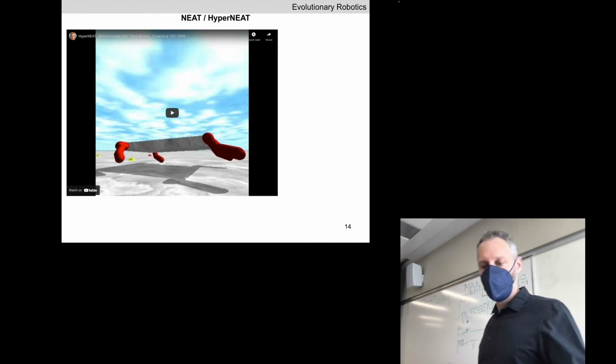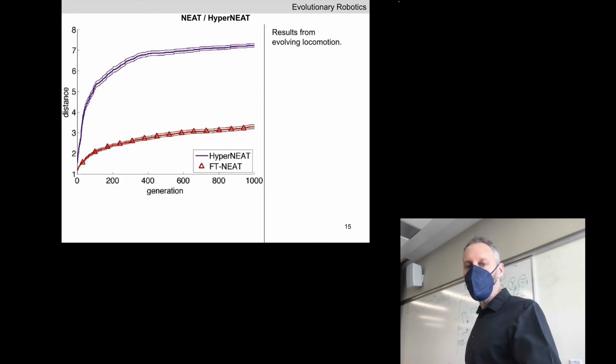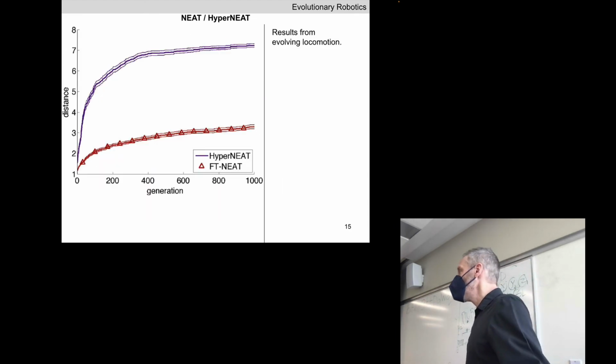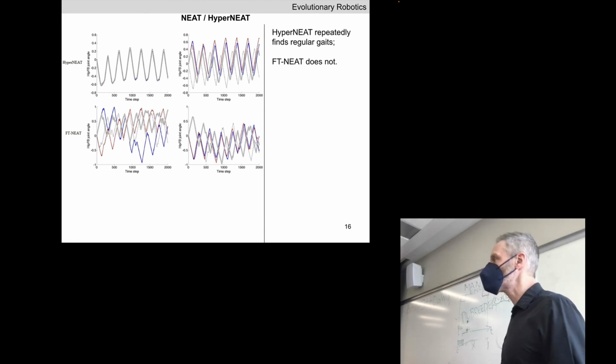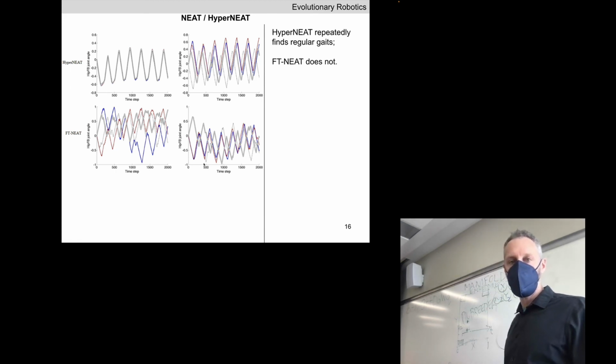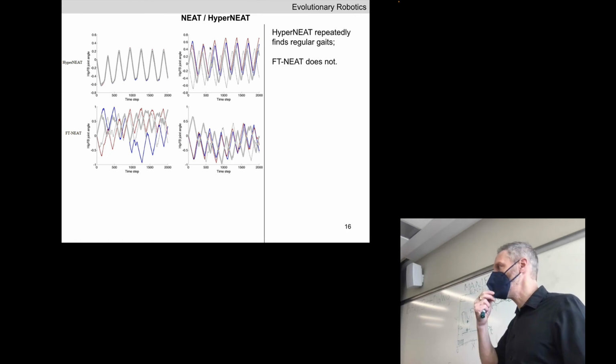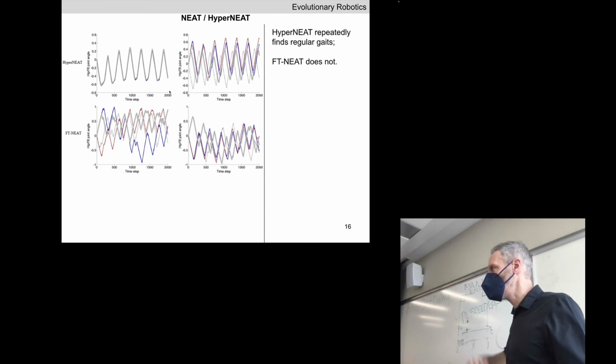Okay. All right, so back to this experiment. HyperNeat did way better. Given our discussion of biomechanics and locomotion, you already know why HyperNeat did better: it tends to produce more regular gaits. Here are the results from two different CPPNs for HyperNeat. What we're plotting here in each of these two panels is time steps inside the simulation.